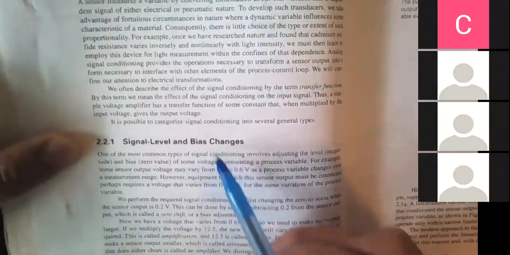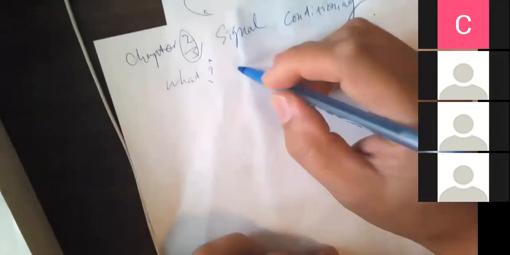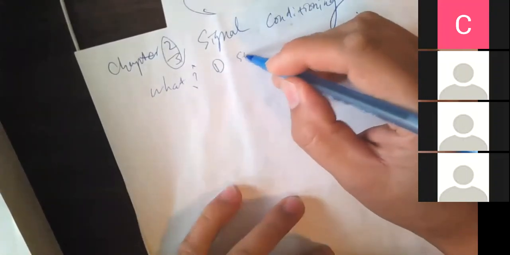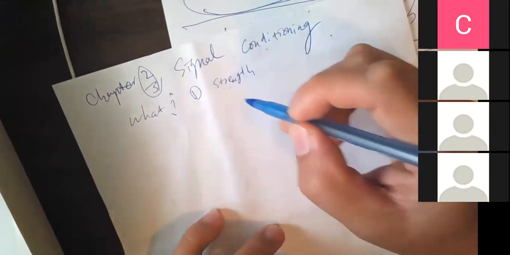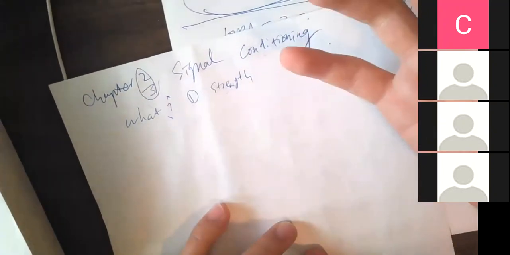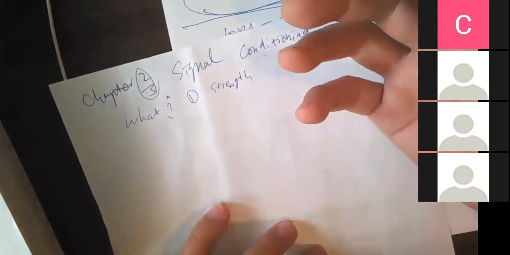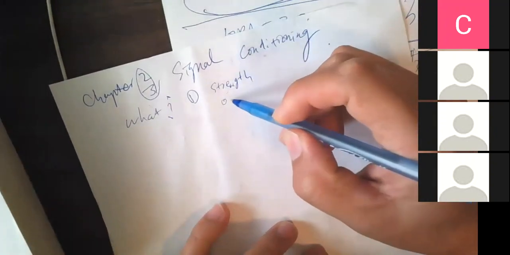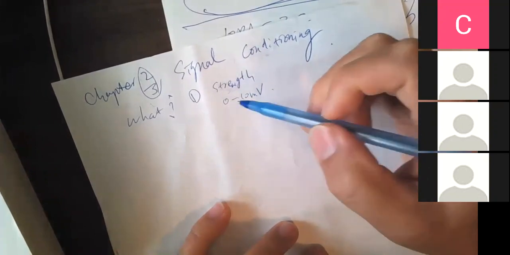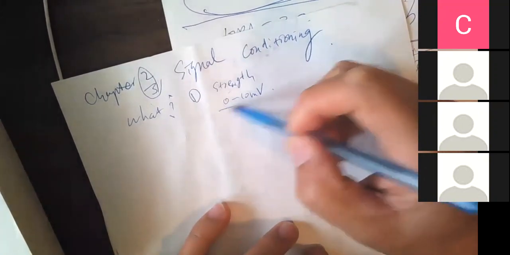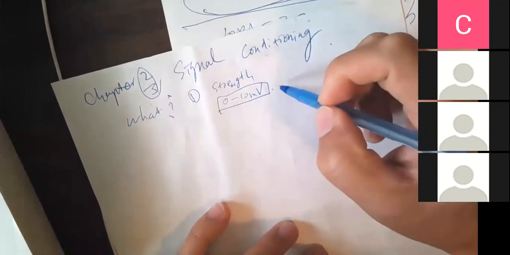Type number 1 is called the signal level and the bias changes. So type number 1, we call the strength. Because a lot of signals that come out of the sensor are very weak. For example, 0 to 10 millivolts, for one sensor. That voltage is really low for the controller.